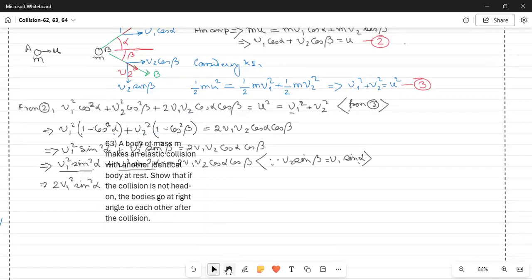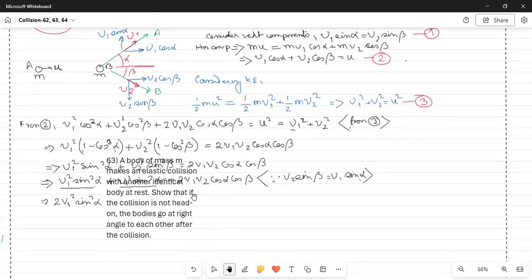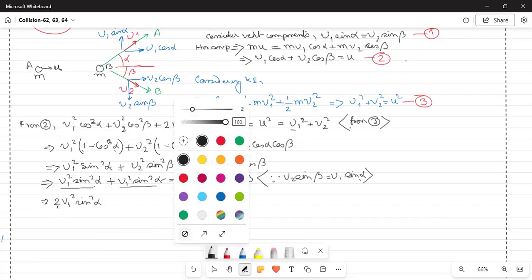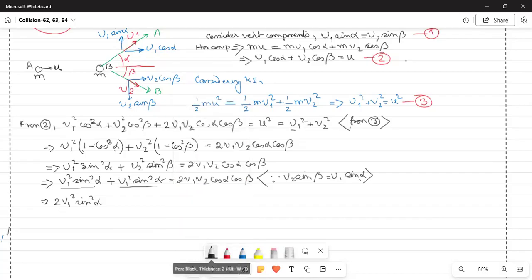just a moment. So we have v1 squared sin square alpha, this plus this will be equal to v2 cos alpha cos beta.